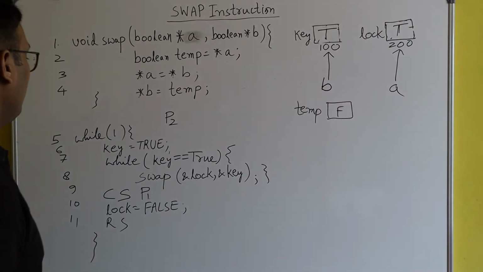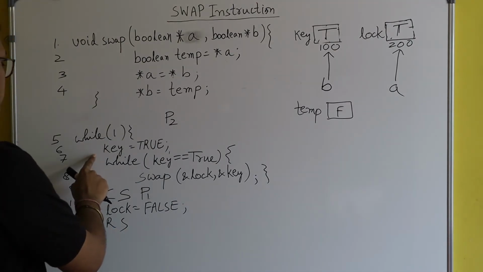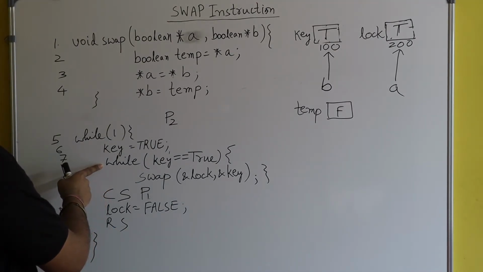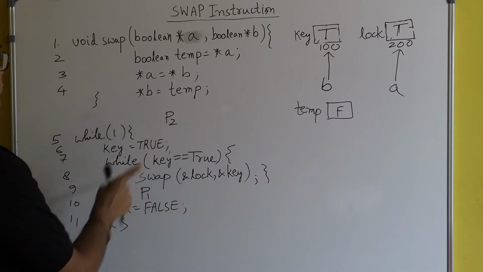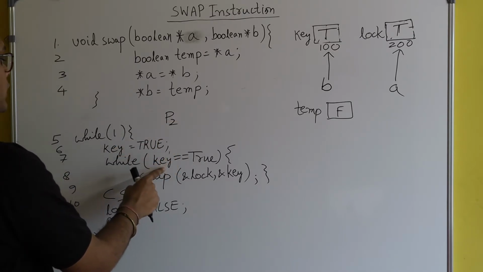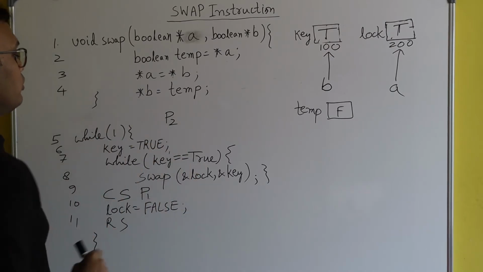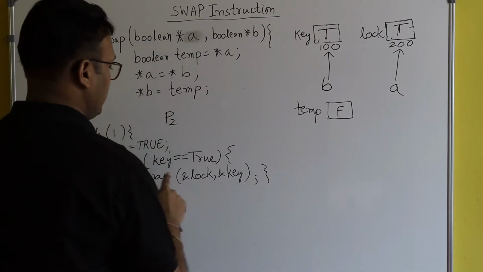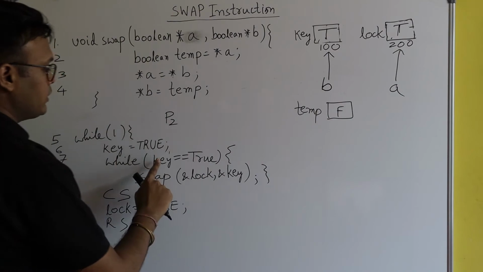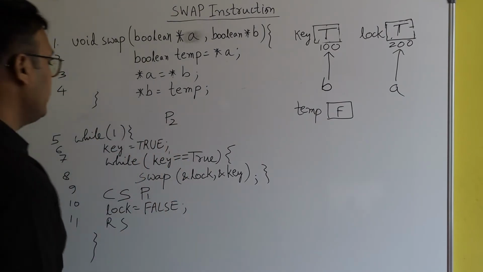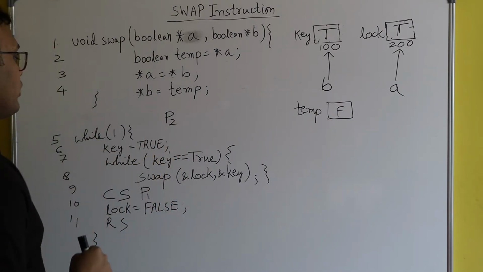Fine. And after that P2 will enter the while loop. At first the condition will be checked: while key is equal to true. Is the value of key true? Yes, true is equal to true. Fine. So now P2 will enter inside the while loop.